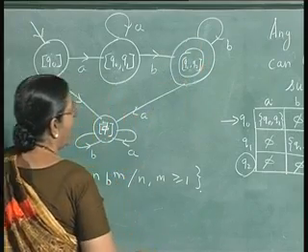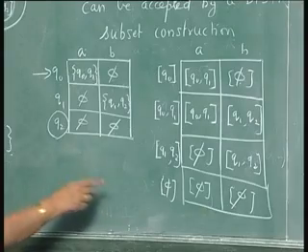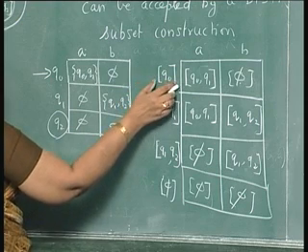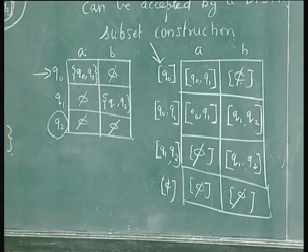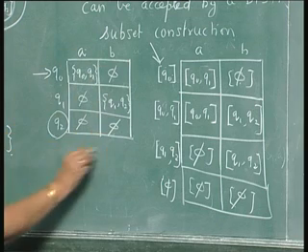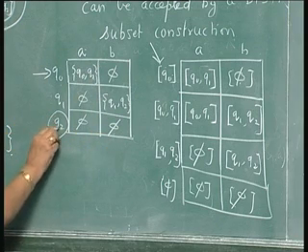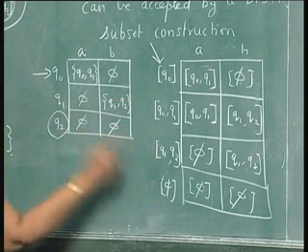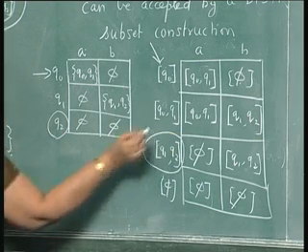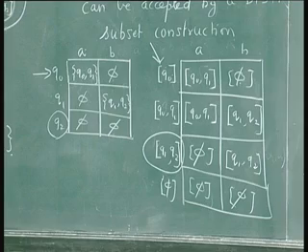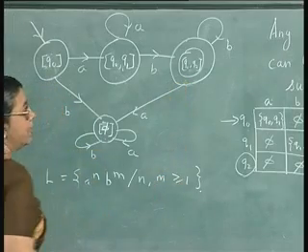Now, how do you designate the final state and the initial state? The set containing Q naught alone is taken as the initial state, and in this table Q2 is a final state. So, any subset containing Q2 will be a final state. This subset contains Q2, so that is a final state.